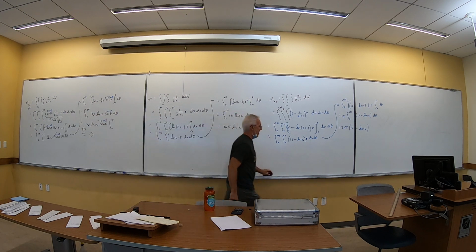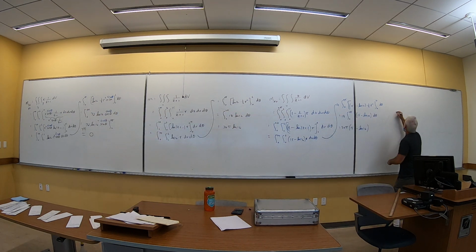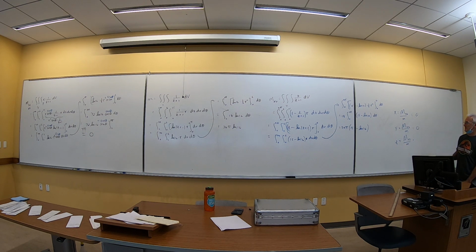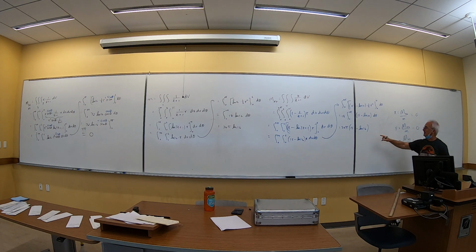Let's go over here. x must be 0, y must be 0, and z must be something wicked, I think. I'm going to go ahead and distribute this for one simple reason, so I can cancel easier.